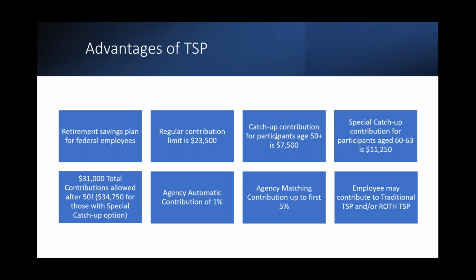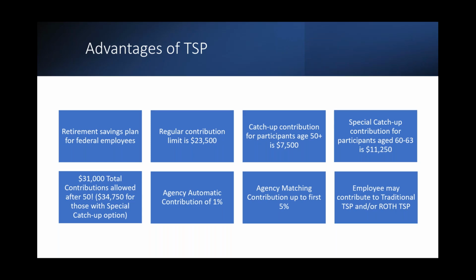That's important because I see a lot of people get that wrong. Now, if you are over the age of 50, you get a catch-up contribution of $7,500. So if you're over the age of 50, you could be putting in $31,000 a year, which is a lot of money to go into your TSP, which is a good thing.